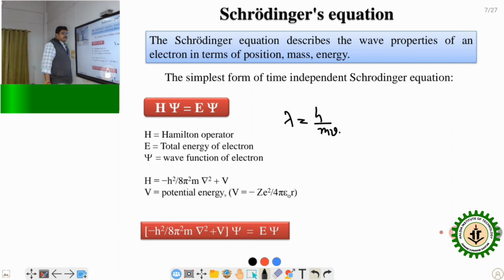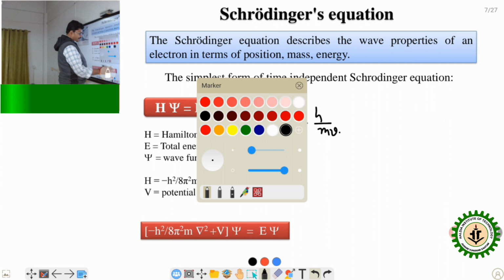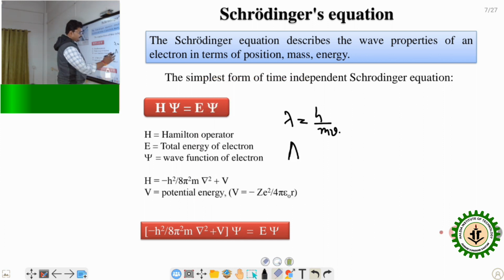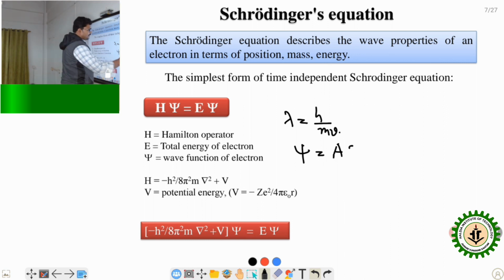If I take a normal wave equation, an oscillating wave oscillating along the x direction, as a simple example, this is my wave function, generally denoted as psi. So psi is equal to A sine 2 pi x by lambda.